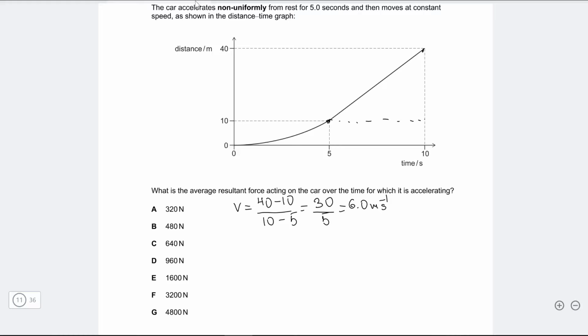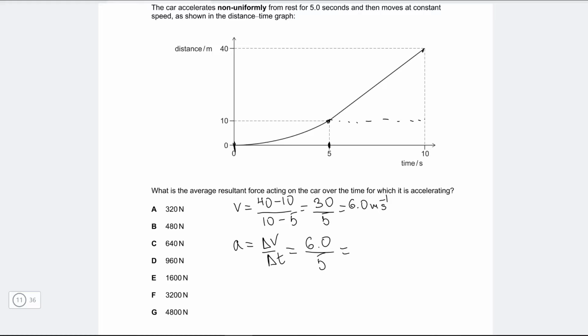Okay, now that we have the final speed, we also have the initial speed. We could approximate the acceleration and hence approximate the average resultant force. As we know, the acceleration is delta v, the rate of change of velocity over change in time. Because it's going from 0 to 6 meters per second, our change in speed will just be equal to 6.0 meters per second, and this happens in a time frame of 5.